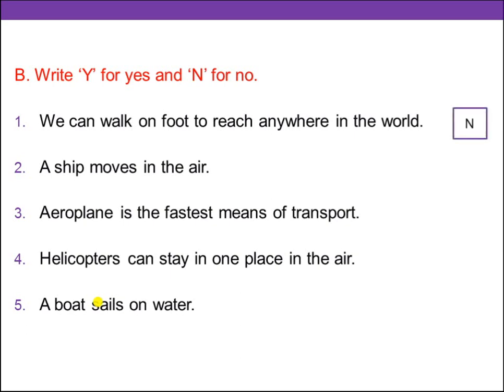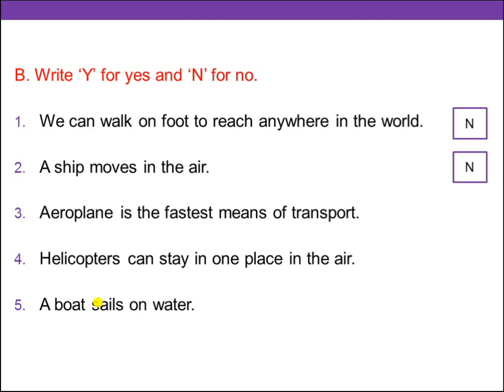No. You have to write N inside the box. Second one, a ship moves in the air. A ship moves in the air, isn't it? No, you have to write N. The ship moves on the water.